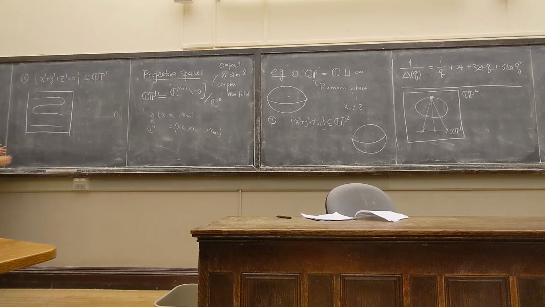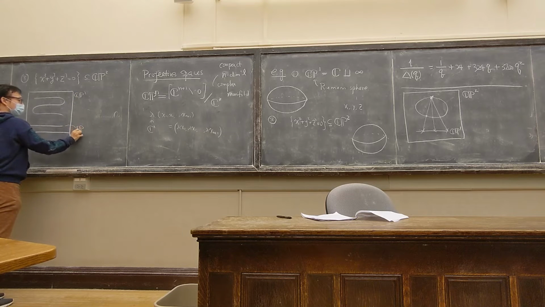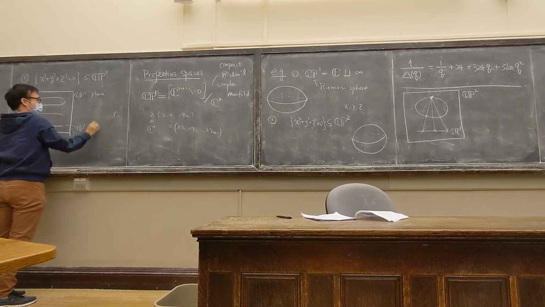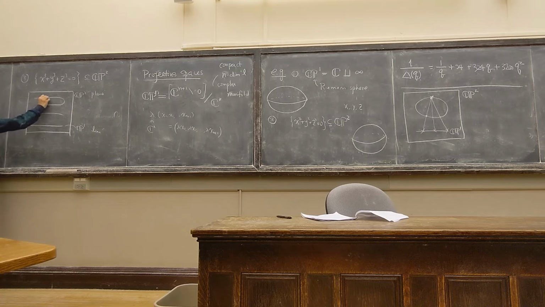Again, we want to play the same game. We want to project things to a line. So this is CP2, this is a plane, two-dimensional, and this is a line. Then again, you fix a base point, and then you start to project.